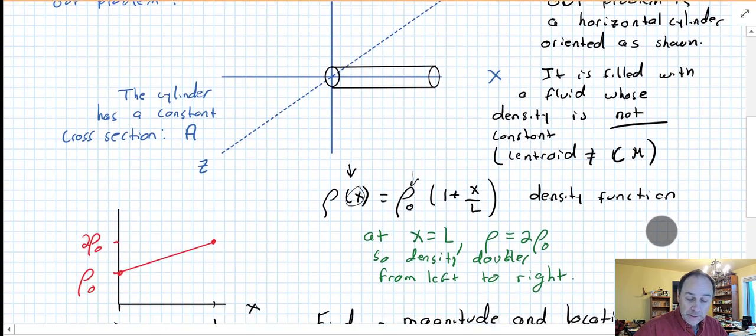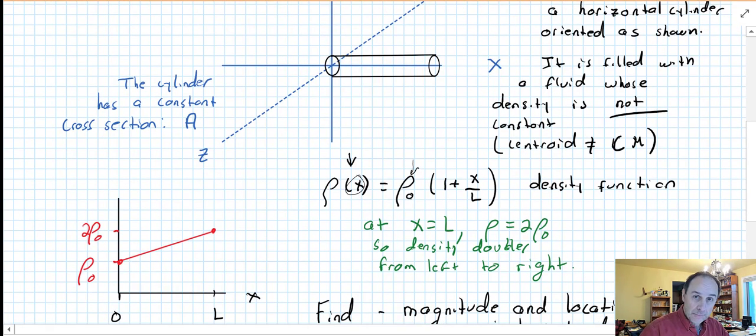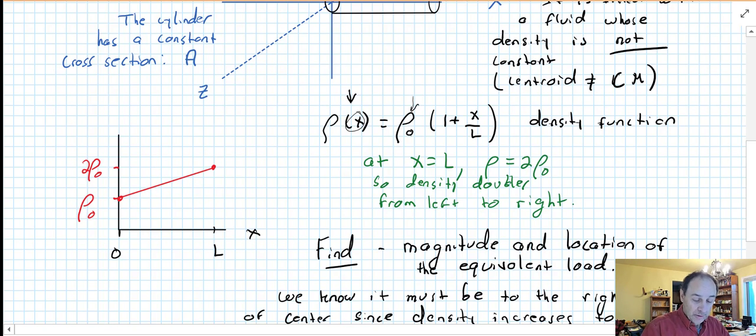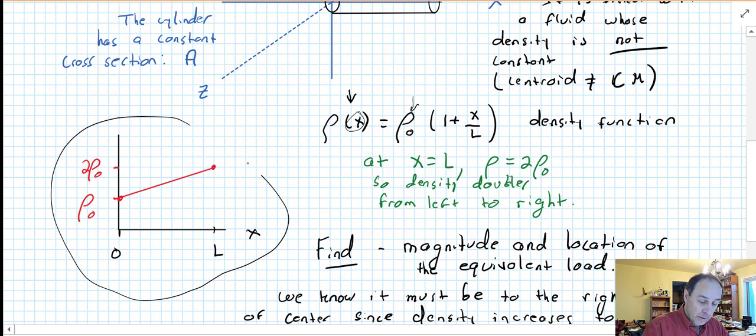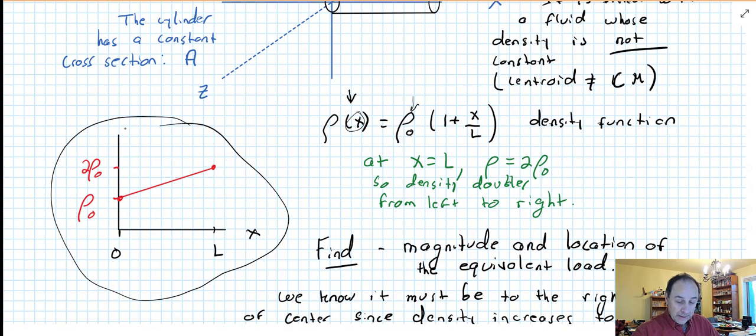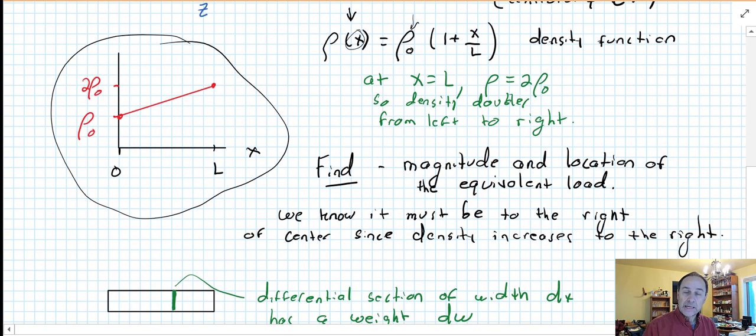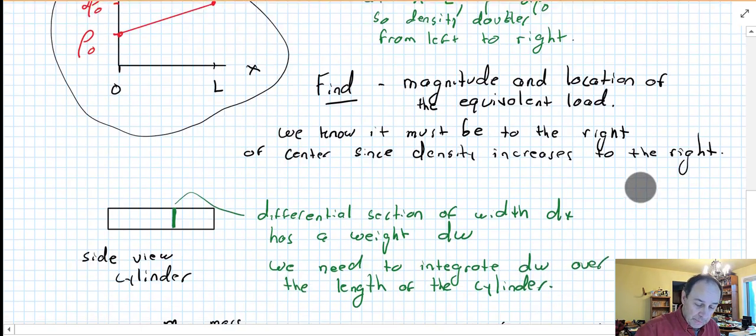When x equals L, the density is 2 times the density at point 0. So graphically, that's how that looks. We're asked to find the magnitude and location of the equivalent load. Just intuitively, you know that it's got to be to the right of the middle because the density is increasing to the right. We'll just keep that in mind.